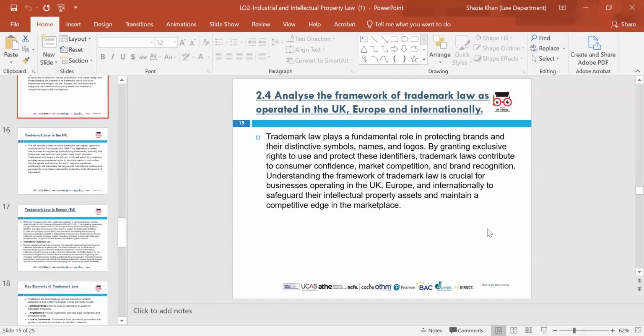Now we're going to go on to 2.4, to analyse the framework of trademarks as operated in the UK, Europe, and internationally.